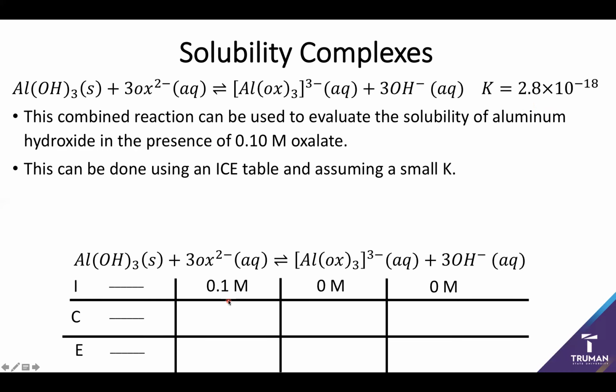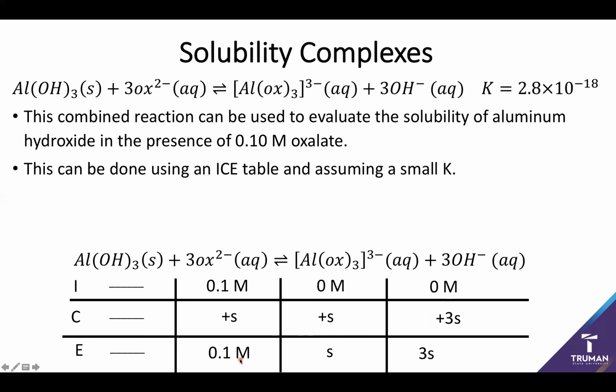So we're going to start with a concentration of oxalate and be generating some of our aluminum oxalate complex and the hydroxide. So we'll be consuming the oxalate and producing the hydroxide and the aluminum oxalate. However, the amount of oxalate being consumed will be fairly small.